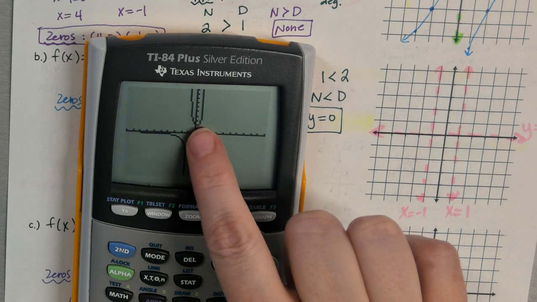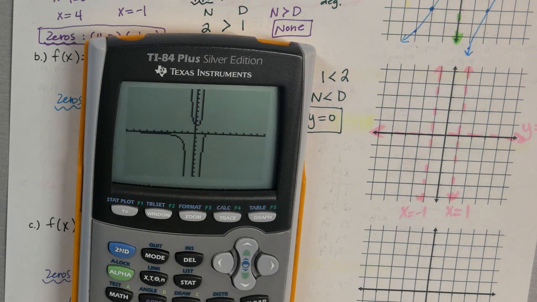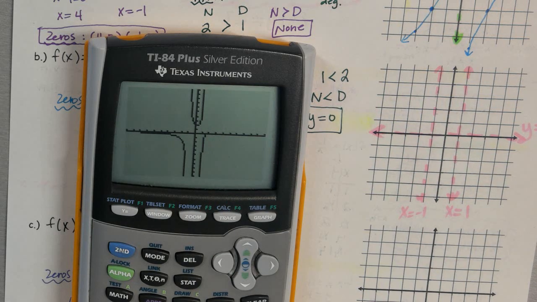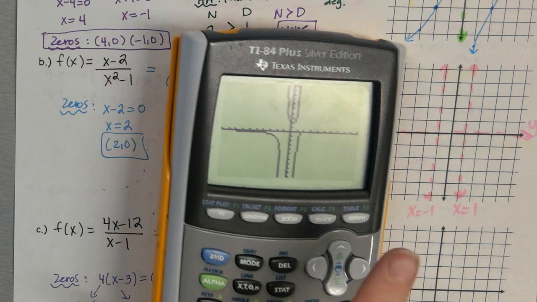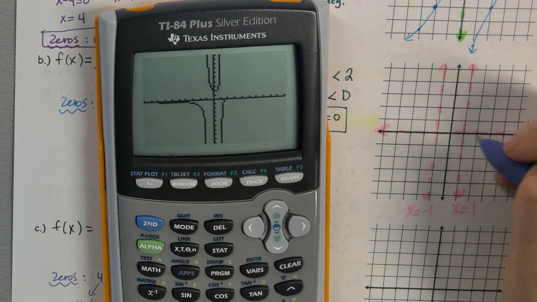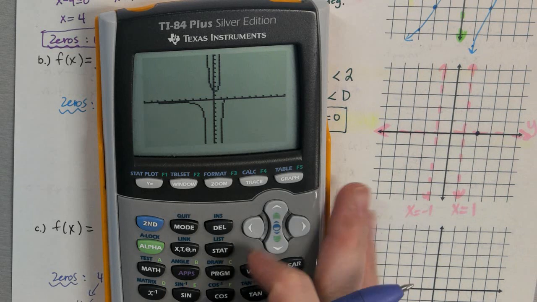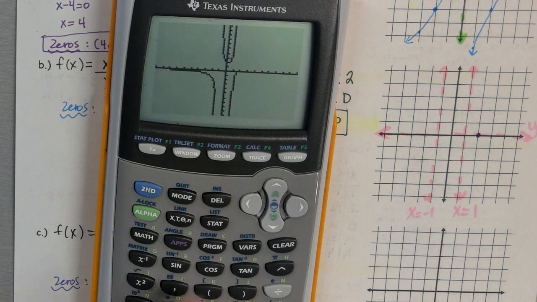So see what we have here? We have this little parabola, and then we have two branches here. So again, we're going to use our graph to help us. So our zero was (2, 0), and this does cross the horizontal asymptote. That is fine. It's only the vertical asymptote that you can't cross.